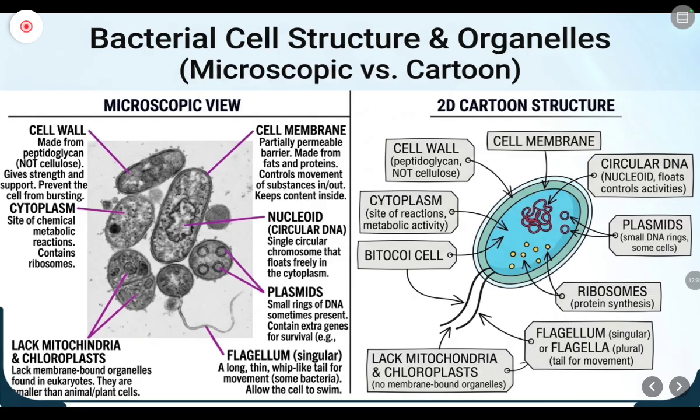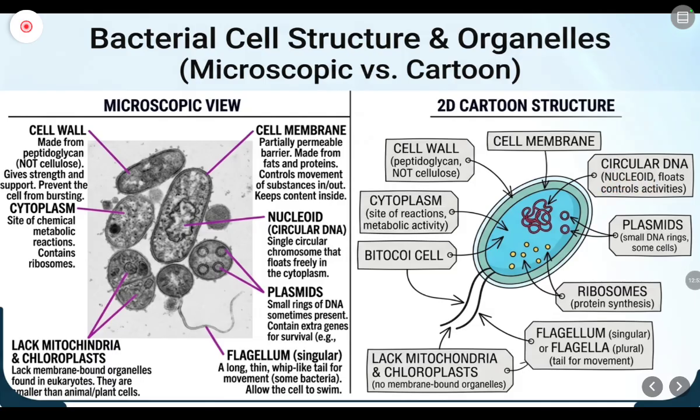Nucleus is only present in animal cells and plant cells because they are eukaryotic organisms. But the bacterial cell is prokaryotic, and when I say prokaryotic, it does not have a nucleus. Nucleus does not exist. We can say it has a circular DNA, or a nucleoid.